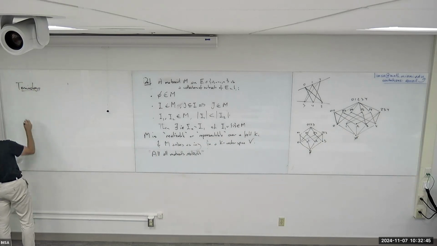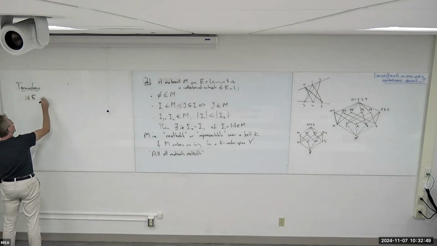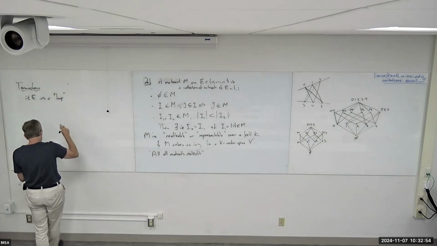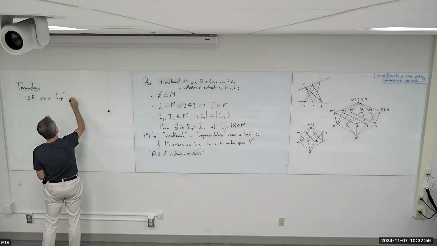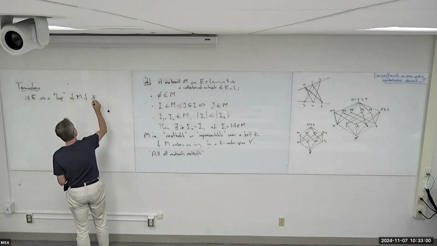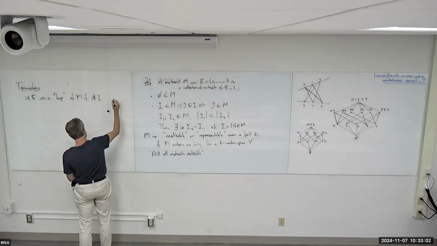So there's a funny thing, a loop. We use this word exactly twice. Once is here, on M, if I is not in any independent set.